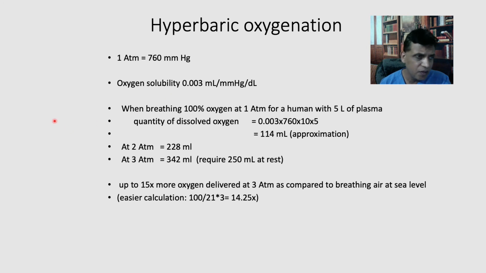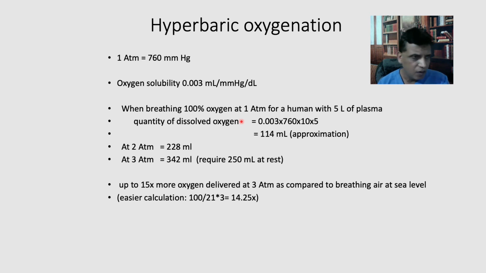So when breathing 100% oxygen at 1 atmosphere or 760 millimeters of mercury pressure, for a human being who has 5 liters of blood, the total quantity of dissolved oxygen is 0.03 times 760 times 10 times 5, which equates to an approximation of 114 mils.